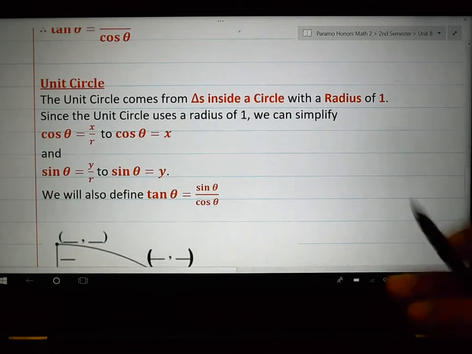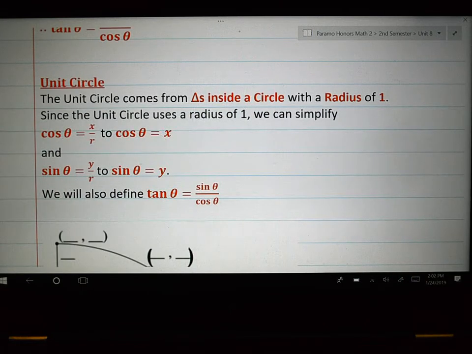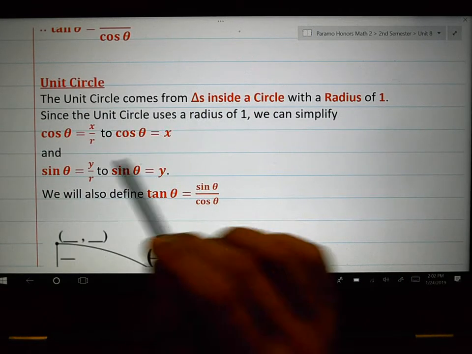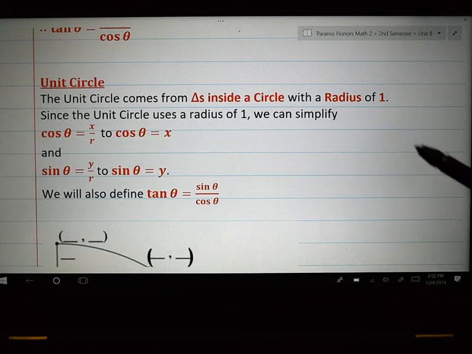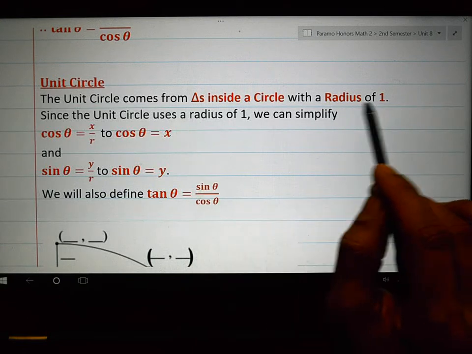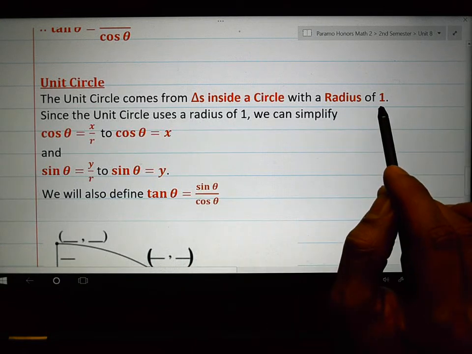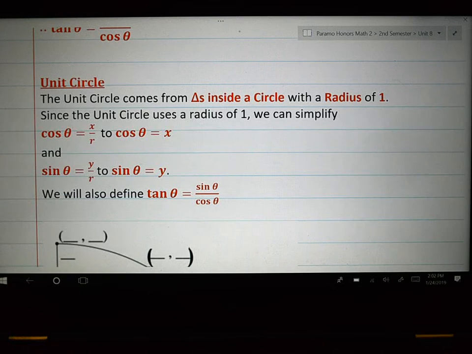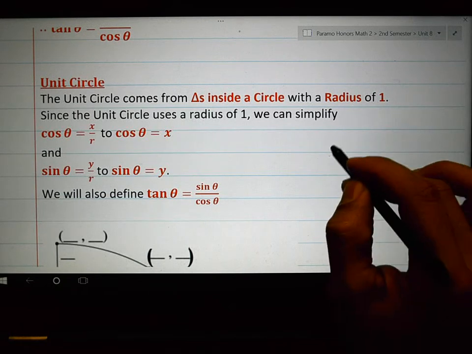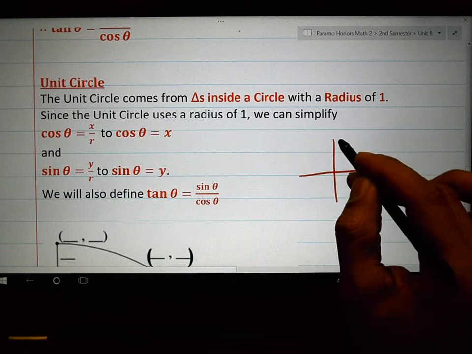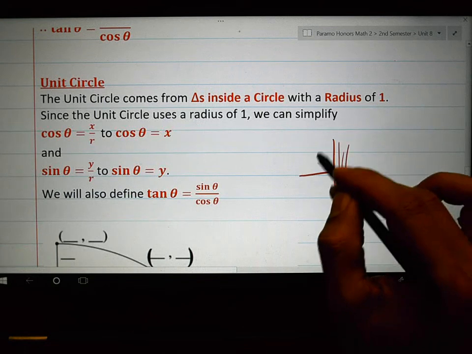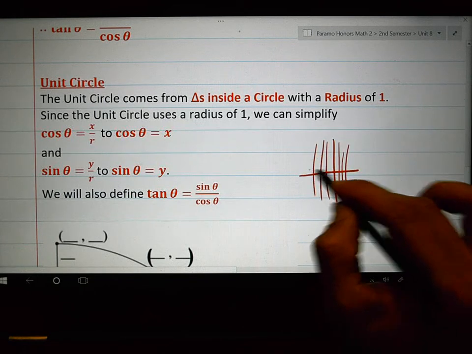The other thing that's going to help when we get to the unit circle is that we're going to start with a radius of 1. Which means if I'm thinking about the graph paper on Mr. Promo's board, he has graph paper on his board, and there's all these little lines like this, and all these lines like this, and then lines like this.